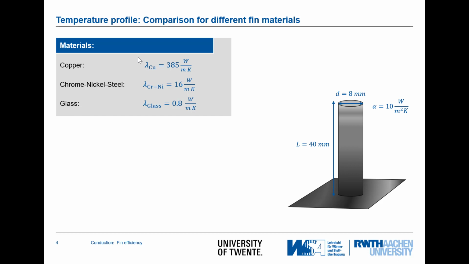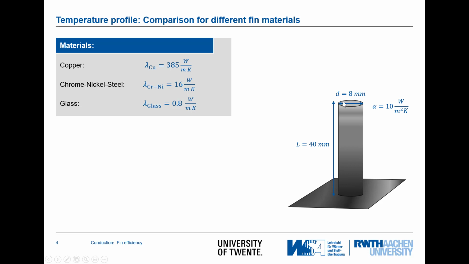If we construct a fin out of steel, here for instance a chrome nickel steel, a thermal conductivity in the range of 15 to 20 or 30 watt per meter Kelvin is usual. So for chrome nickel steel it is 16 watt per meter Kelvin. And then for glass, some very different material right now, the thermal conductivity of glass is 0.8. So let's see how those types of materials behave if we develop a fin as shown here.